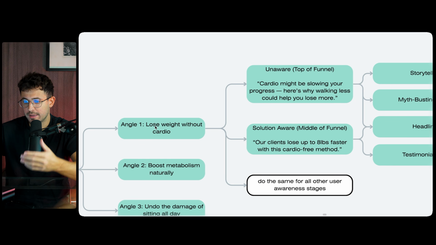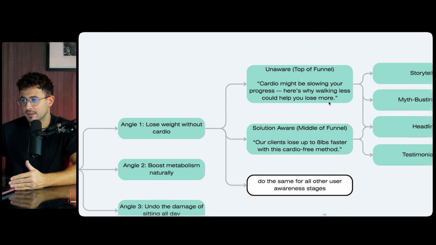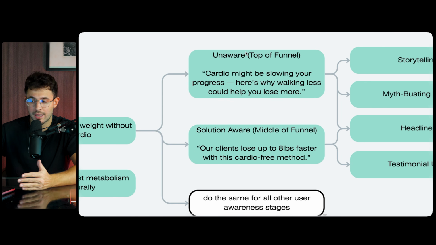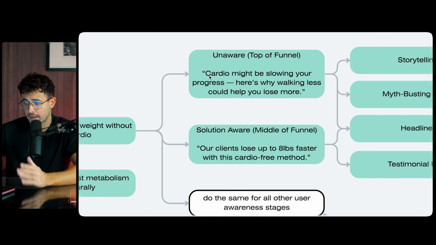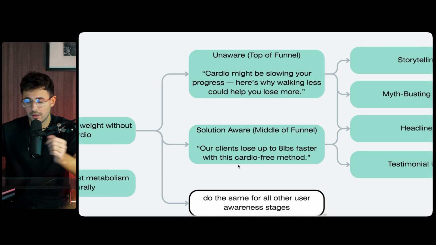Let's say this is the angle, lose weight without cardio, and this is how you shape the message. An unaware, top of funnel message would look like: cardio might be slowing your progress, here is why walking less could help you lose more. Then you have a solution aware message, which is: our clients lose up to 8 lbs faster with this cardio-free method.